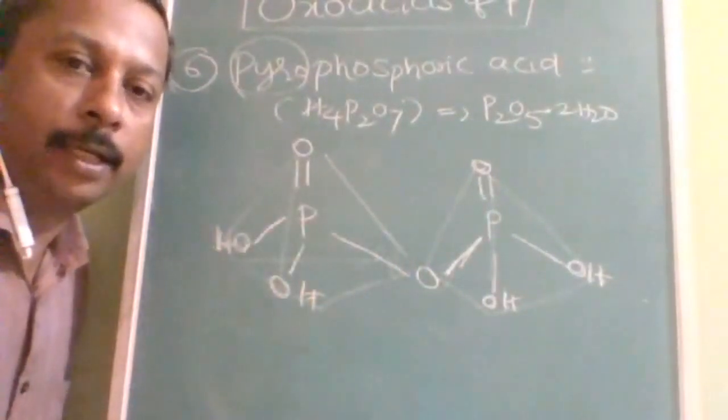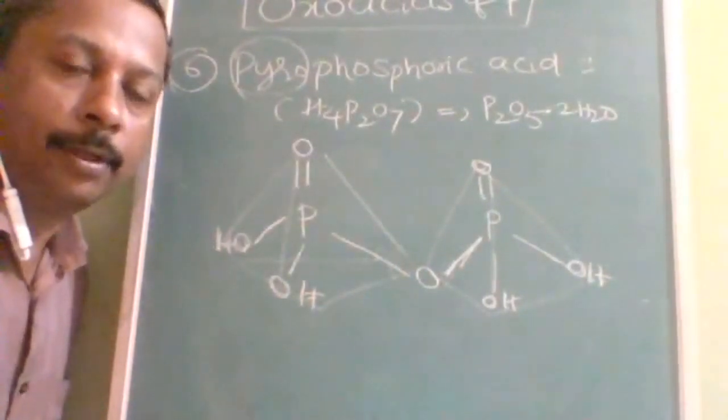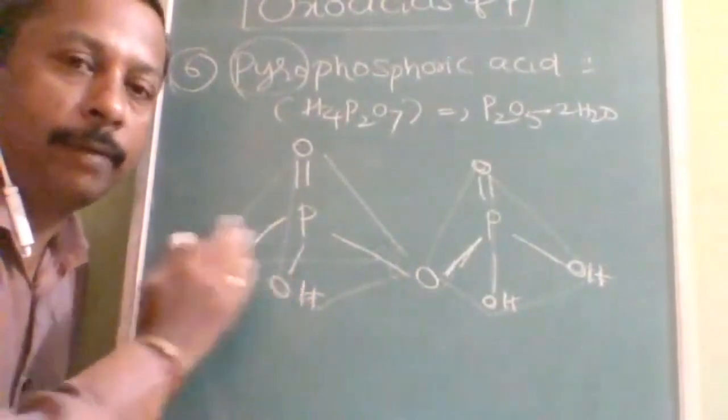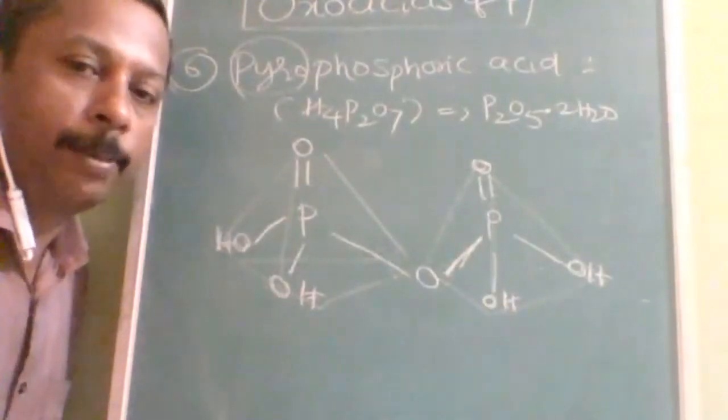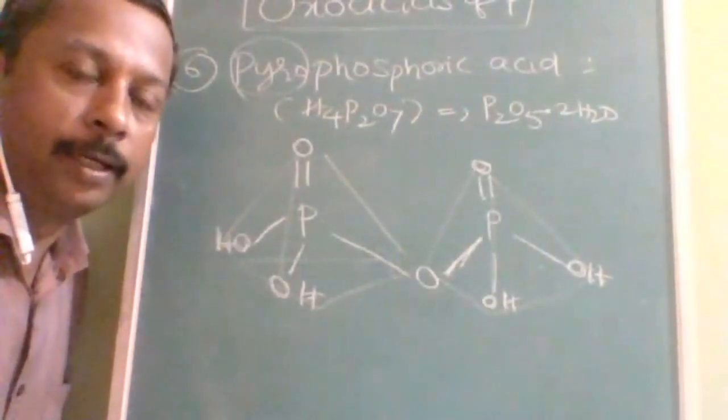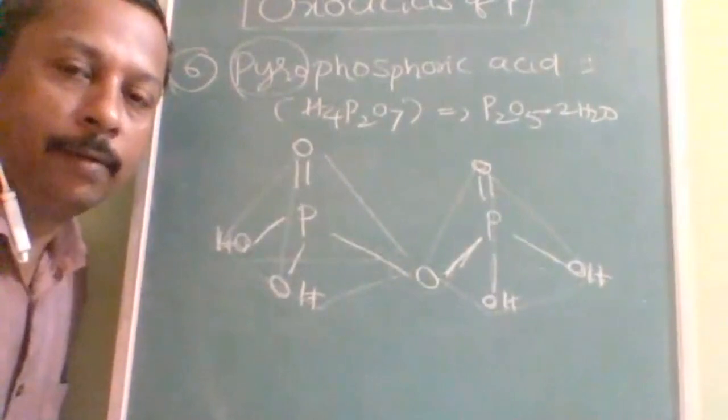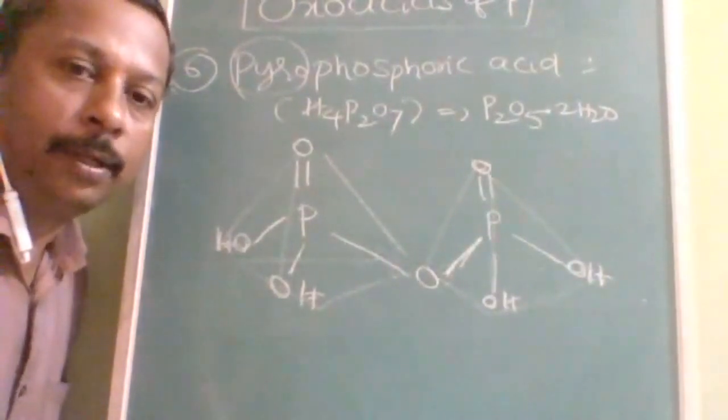Then you will get a clear picture. Because I have to explain, I have to change every board, so I am bound to explain like this, but you are not bound to write it on a paper. So all of you make good notes and do well in your exams.